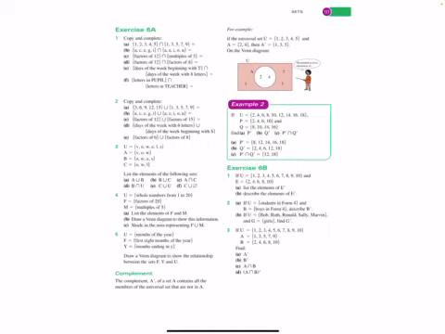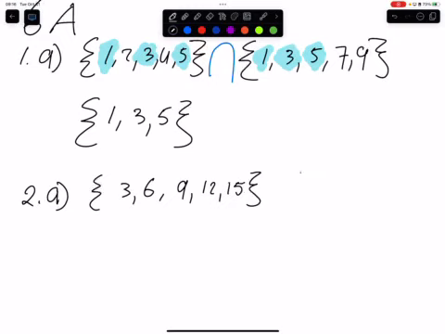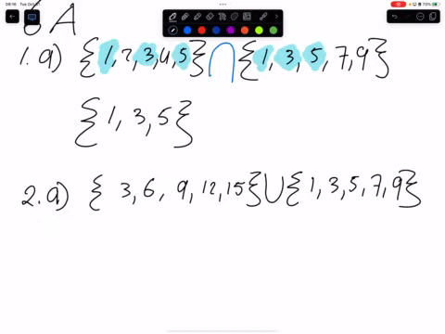And we have 1, 3, 5, 7, 9, the other set. And they ask for the union.